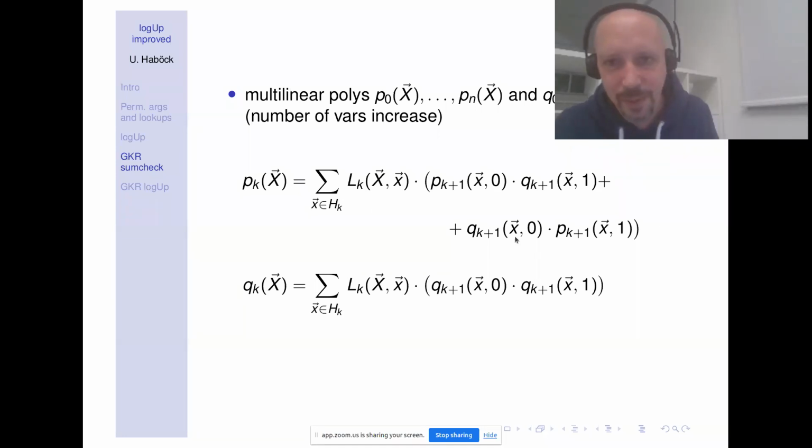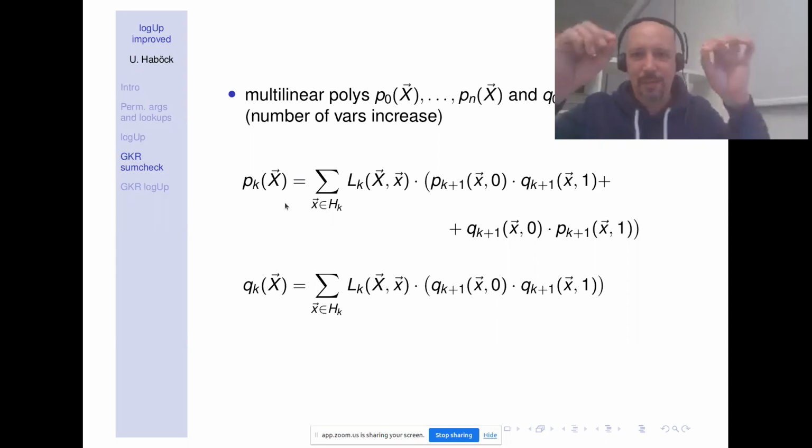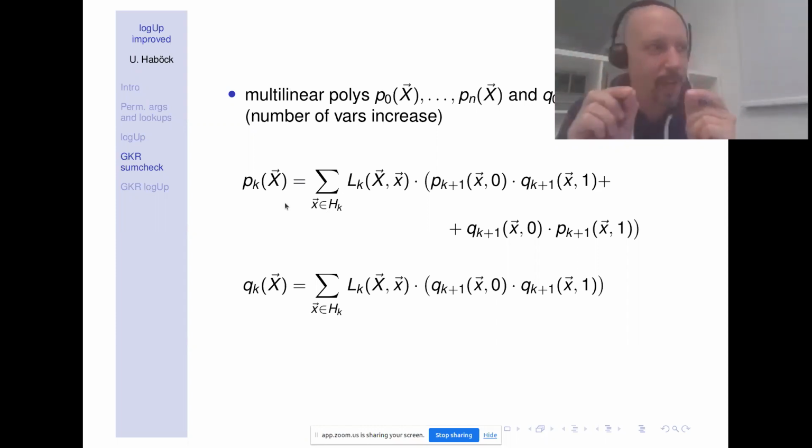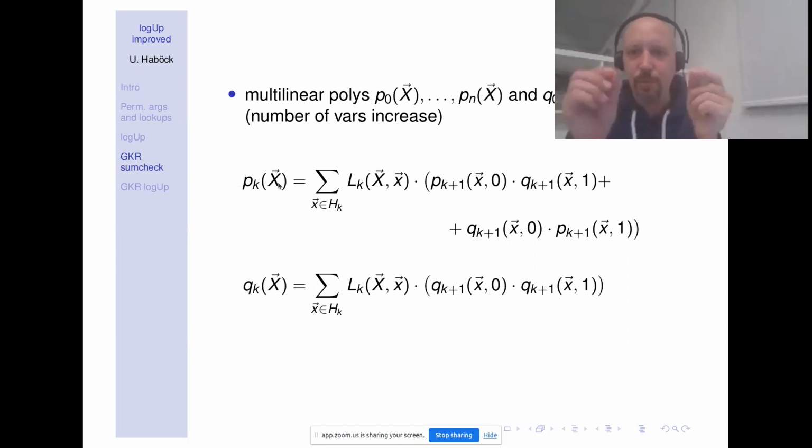I was skipping a little detail here. That top layer idea is a bit problematic in this writing because the zero-dimensional hypercube is an exceptional corner case. But think of it as if we would have just two tops for a second. So we would start at layer 1 instead of layer 0 to make it simple. So we have a one-dimensional hypercube. That means you make a linear combination of these two sum checks.